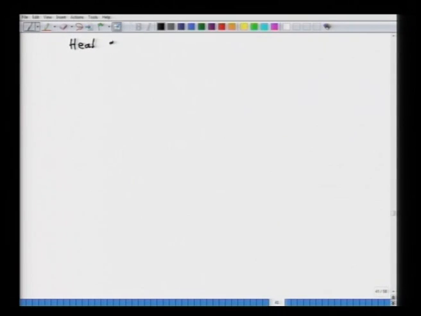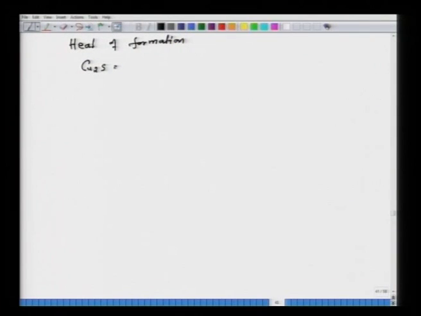Now, I would like to give you certain heat of formation values, so that you can see that a large amount of heat is generated during roasting. For example, Cu2S has a heat of formation of minus 18,950 kilocalorie per kg mole. ZnS minus 44,000 kilocalorie per kg mole.